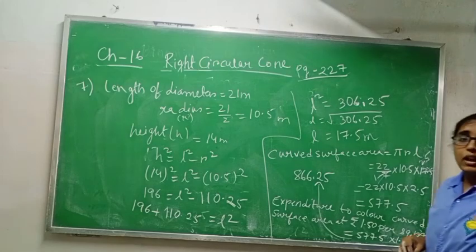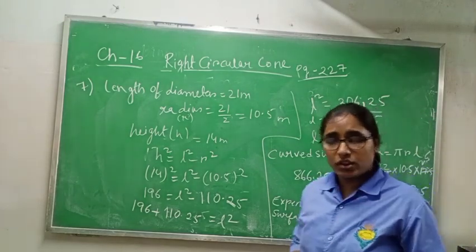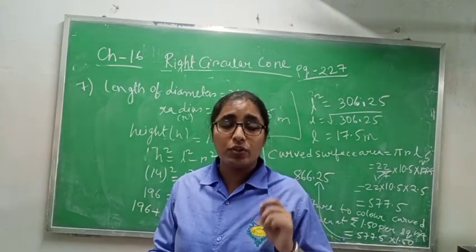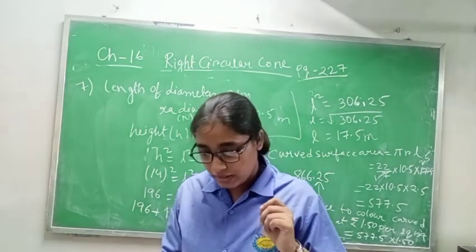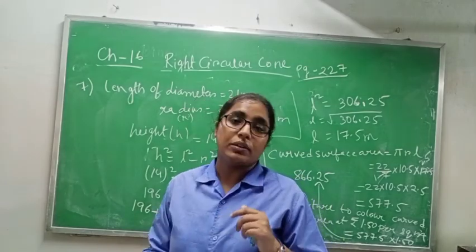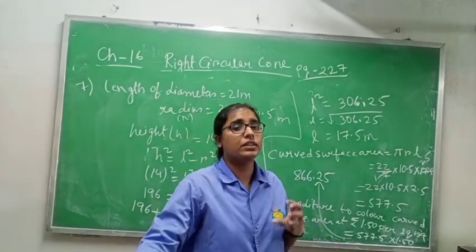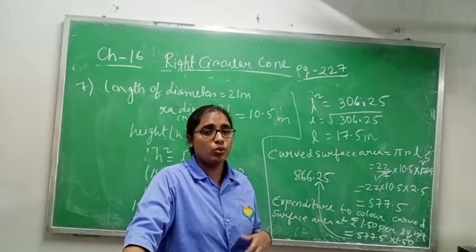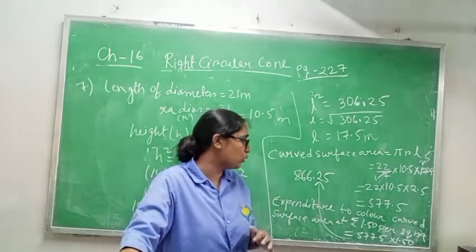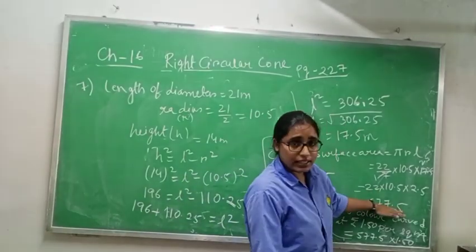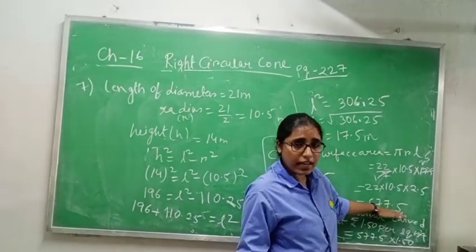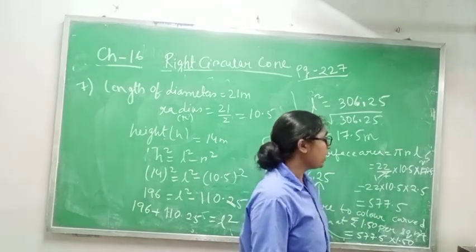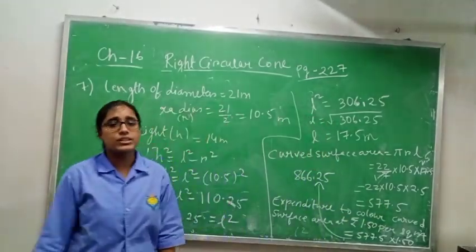But they are asking the total expenditure to color the curved surface area at the rate of rupees 1.50 per square meter. Whenever a per square meter rate is given to you and they ask you to find the total cost or total expenditure, whatever area you are getting, that area will be multiplied with the per square meter cost. I am getting the curved surface area as 577.5.